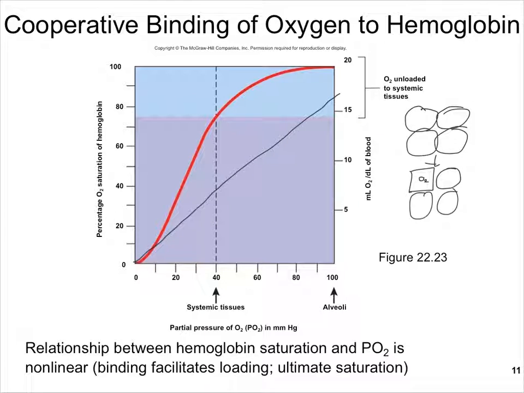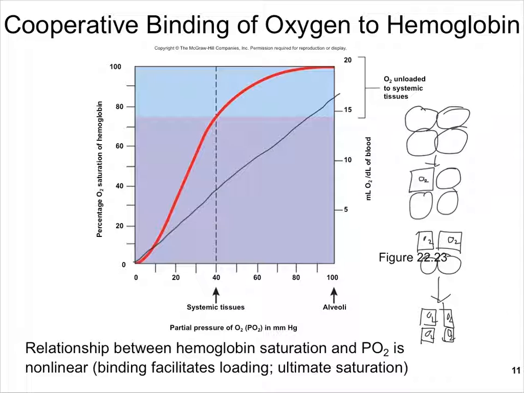This change of shape right here, see now, this square bit doesn't fit very well with these round bits around it. So this square bit that's bound to oxygen is going to cause the next one to change shape as well. That will increase the binding of oxygen to the second unit, which then increases the binding of the third unit and the binding of the fourth unit. So every oxygen that you bind makes the next oxygen more likely to bind.